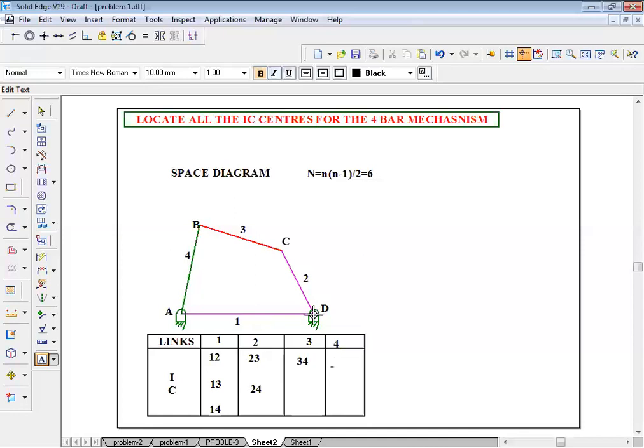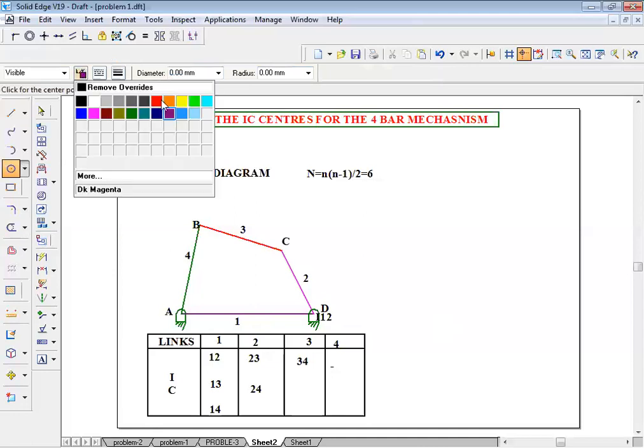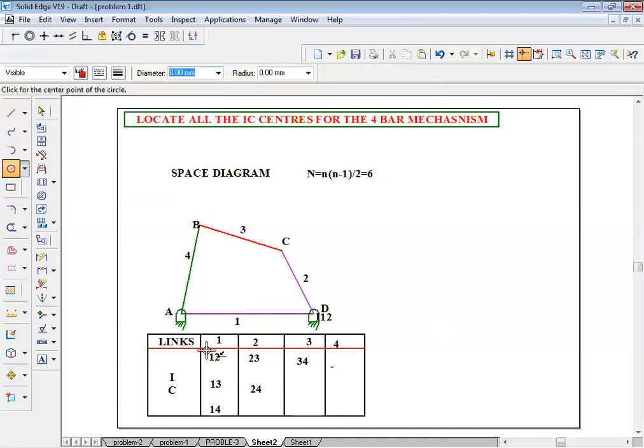We know the location of this, so let us call this I12. Therefore I know it fully. I'm going to mark it with a tick mark, or I can draw a circle with a red color.